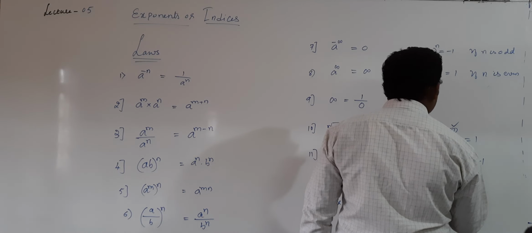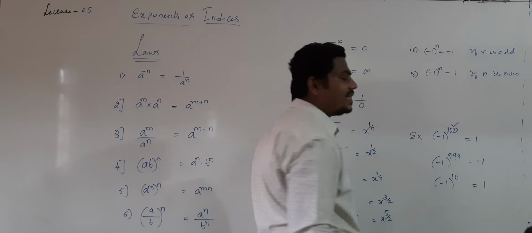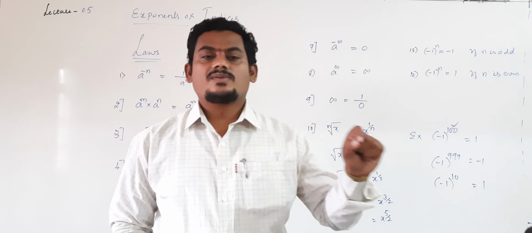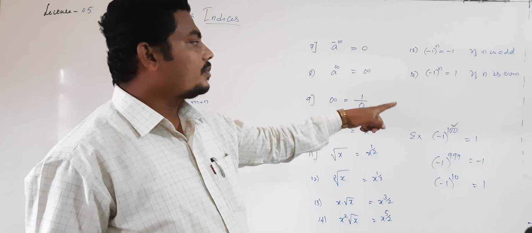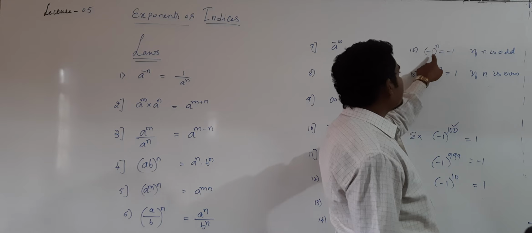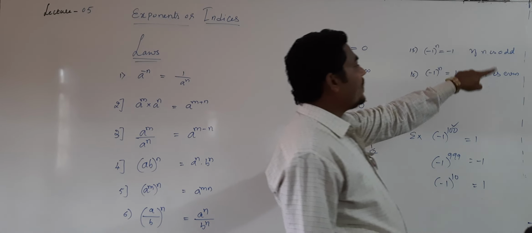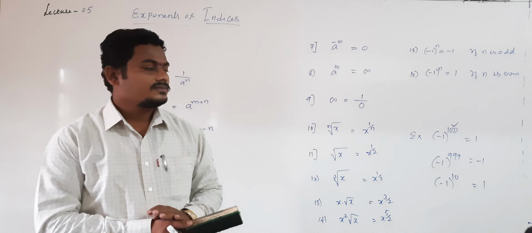Minus 1 power 10 is plus 1 because power is even. Minus 1 power n is plus 1 when n is even, and minus 1 when n is odd.